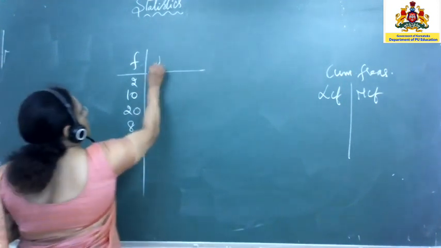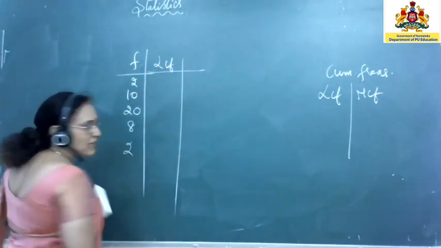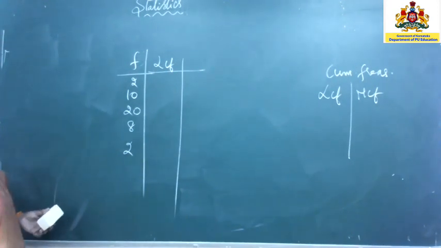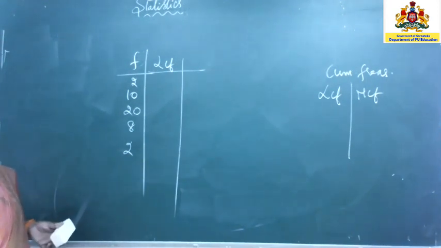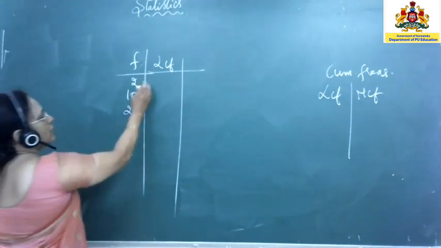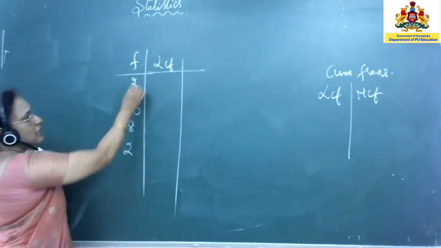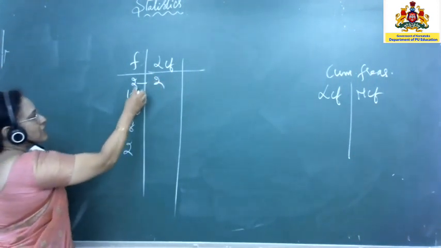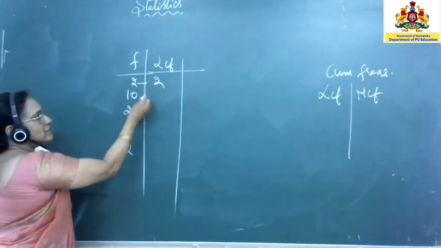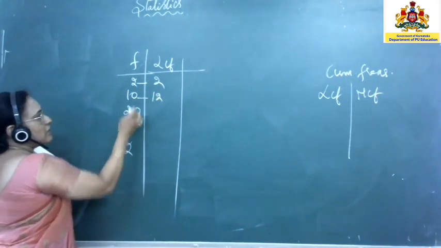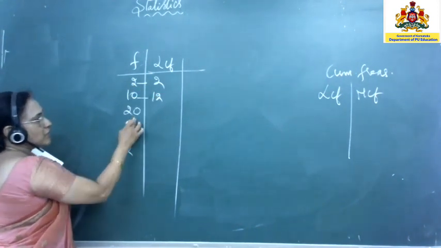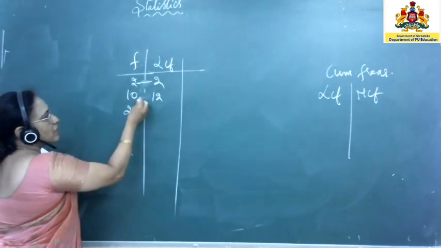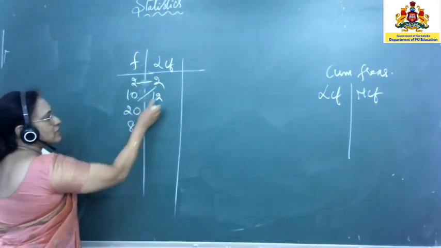How to calculate LCF? Cumulative means something we keep on adding, like a cumulative deposit. For LCF, the first number you write as it is, 2. Next, 2 plus 10 is 12.